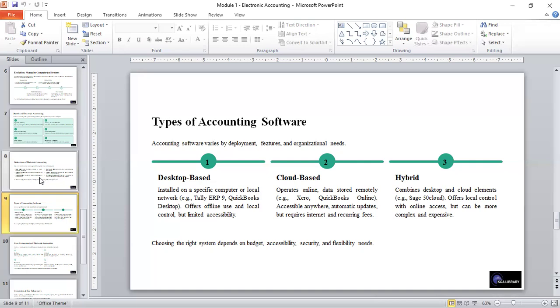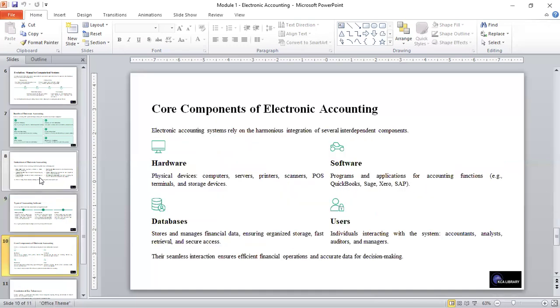An example is Sage 50 Cloud, which offers local control with online access, but can be more complex and also expensive. So choosing the right system depends on the budget, accessibility, security, and flexibility needs that a particular organization wants.